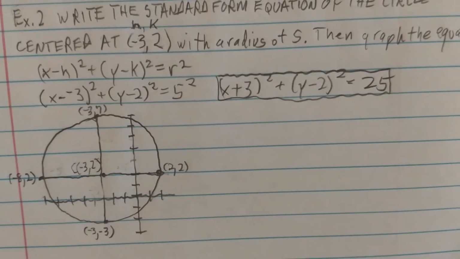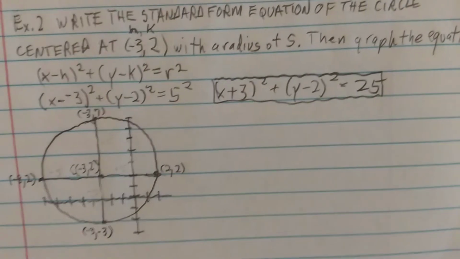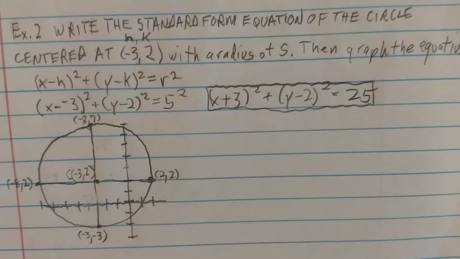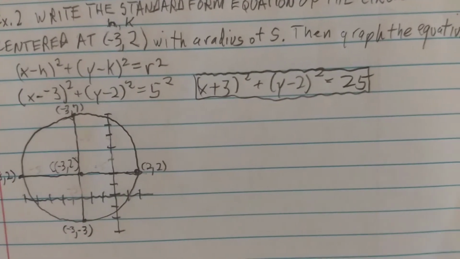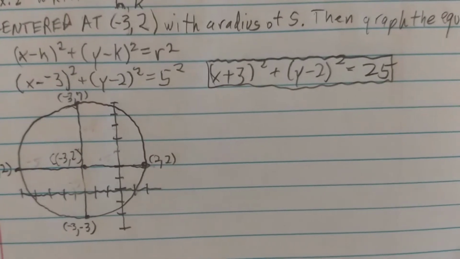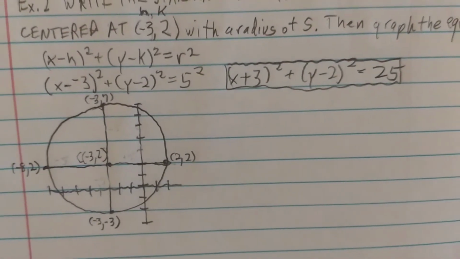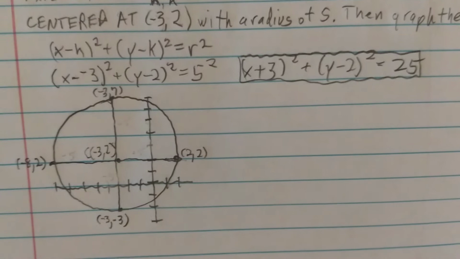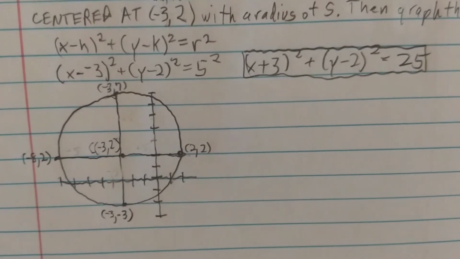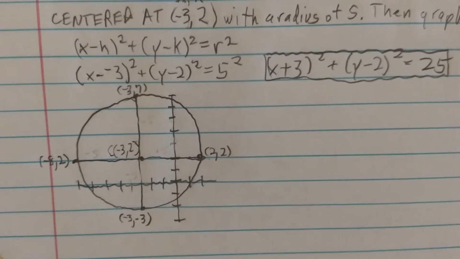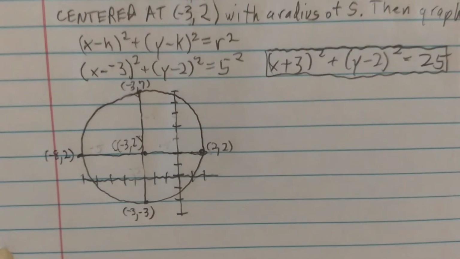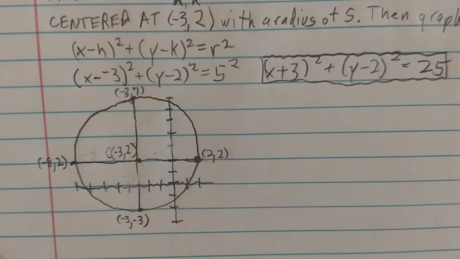So it's a minus negative, and to be plus there. And to be y minus k squared, that's just the way it needs to be, so 2 is the k. So when the y minus is negative, you just take the k as it is. When the y is plus, though, you have to take it as the opposite.